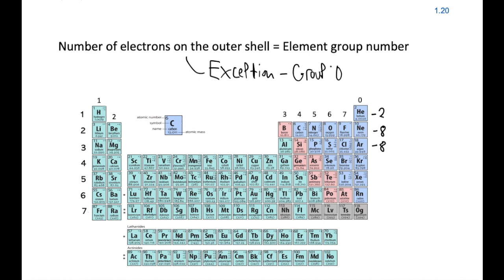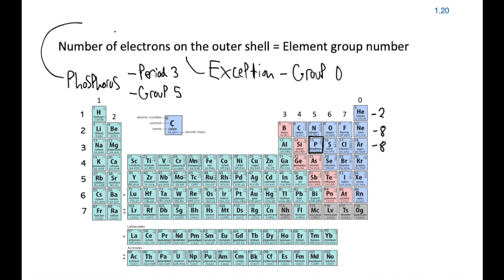The periods tell us how many electron shells a particular element has. So if we look at, for example, phosphorus. Phosphorus is in the third period and it's in group 5. Because it's in period 3, we know that phosphorus has 3 electron shells.